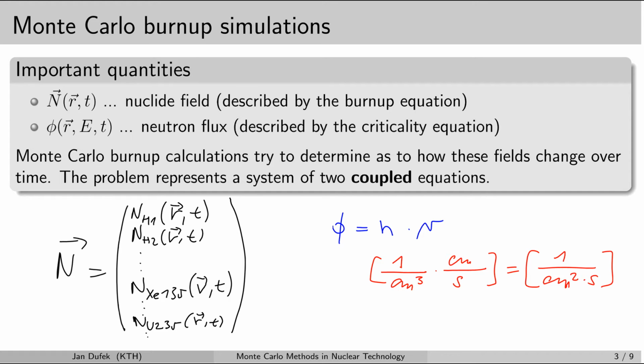Therefore, we calculate the distance of all the neutrons, of all the energies that travel within the volume that we monitor. So we can easily calculate the neutron flux distribution in the system by the Monte Carlo simulation.